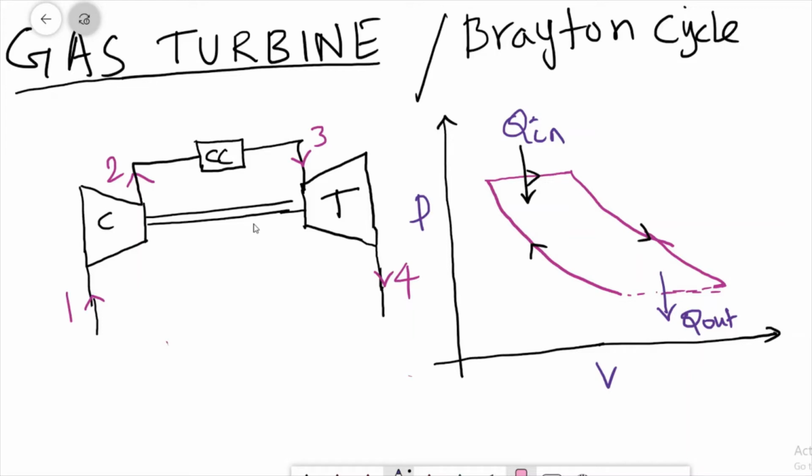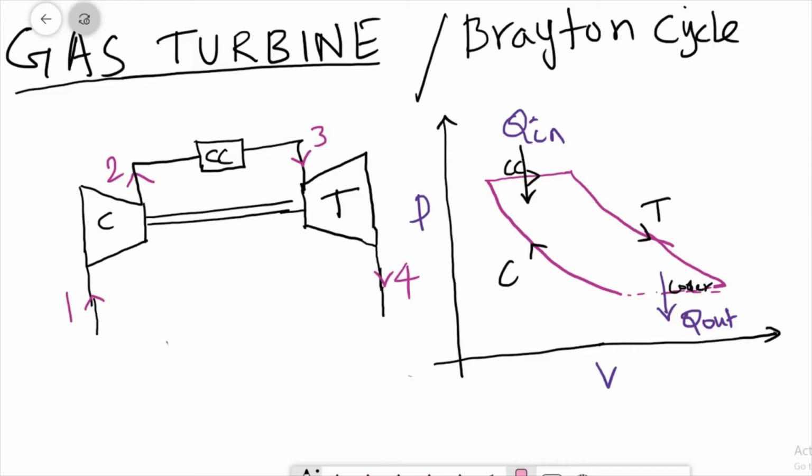If you want to denote, this is the compressor, here it is a combustion chamber, here we have a turbine, and here it is an intercooler. If it is a closed one, here it will be a cooler. If it is open, it won't be connected. So that is the idea.